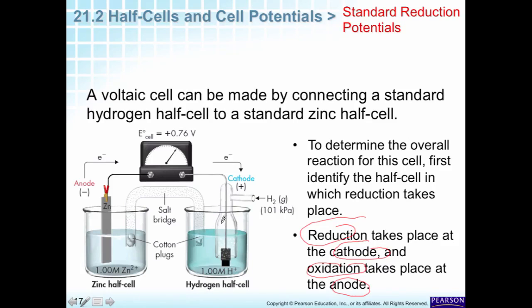All right, so what do we know right now? We know that the cell potential, we've measured it as plus 0.76. We know that E° of the hydrogen is 0 volts because that's given. So now we're going to figure out what the zinc half cell's value is.